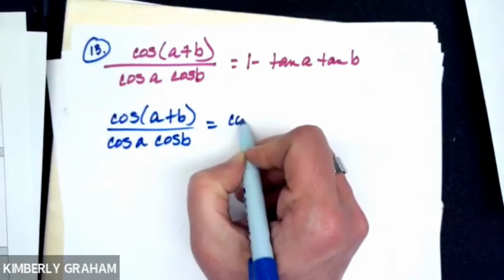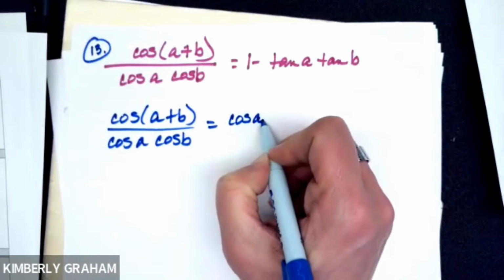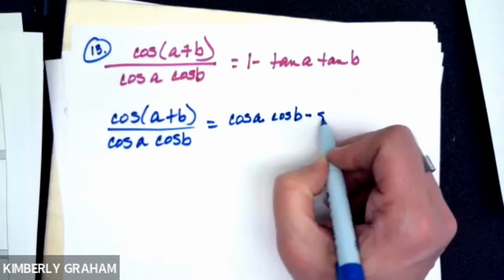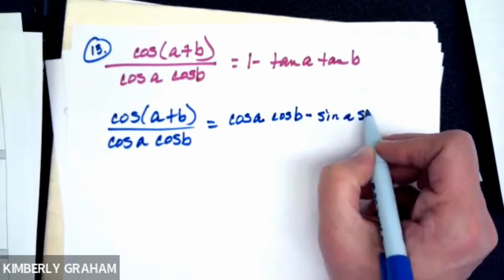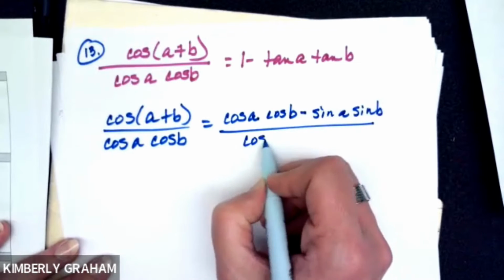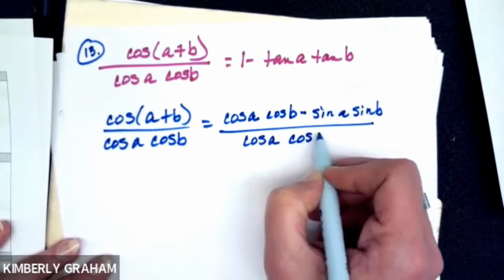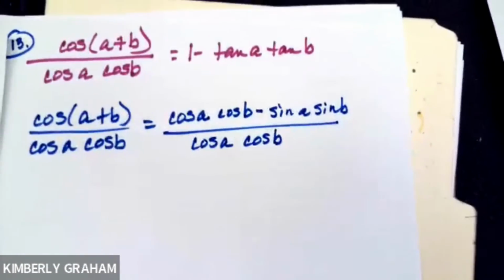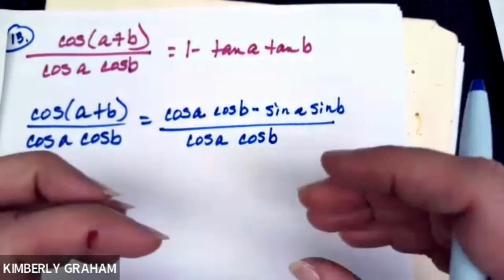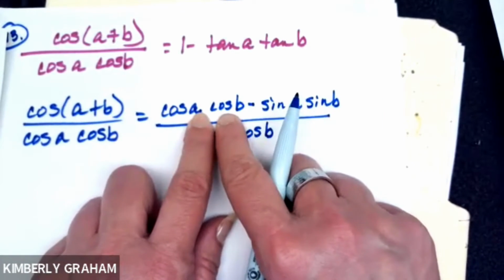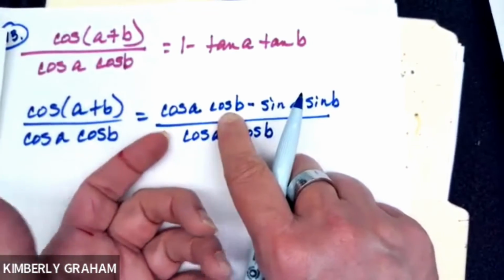So I have cosine A, cosine B, minus sine A, sine B. All of that is divided by cosine A, cosine B. Okay, so from here, it may not be obvious where you would want to go, because you can't really combine these two things because they have different angle measures.